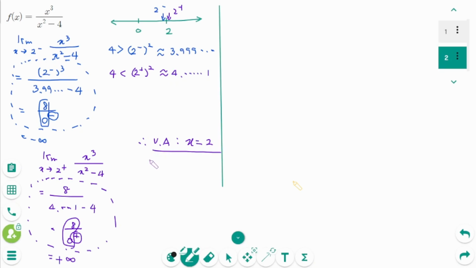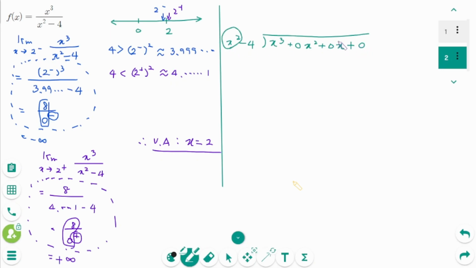We note that there will be a slant asymptote because the degree of the numerator is 1 more than the degree of the denominator. We can find the equation of the slant asymptote by division. X cubed divided by x squared minus 4, we can rewrite as x cubed plus 0x squared plus 0x plus 0.